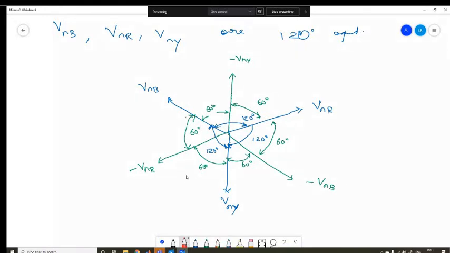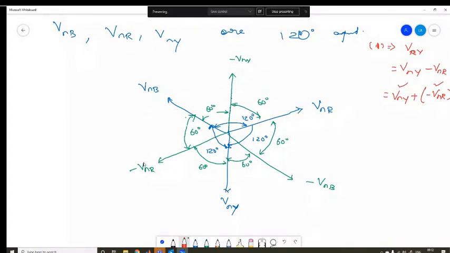Now, if you look at the first equation that we have written, I'm writing it here: VRY is equal to VNY minus VNR, and this is nothing but VNY plus minus VNR. I know the phasor of this, I know the phasor of this, so I can simply add it. I have VNY and I have minus VNR.